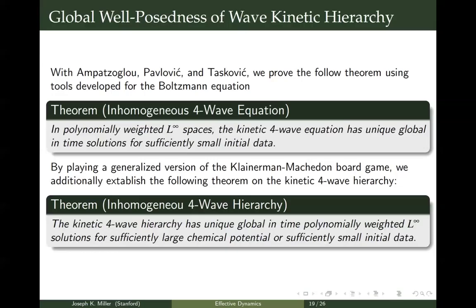But if you do this correctly, you end up with this theorem, which says that the kinetic four-wave hierarchy has unique global in time solutions. And again, there's this condition of either I have a very large mu from before, so a large enough chemical potential, or sufficiently small initial data. So long time, small data. Okay.